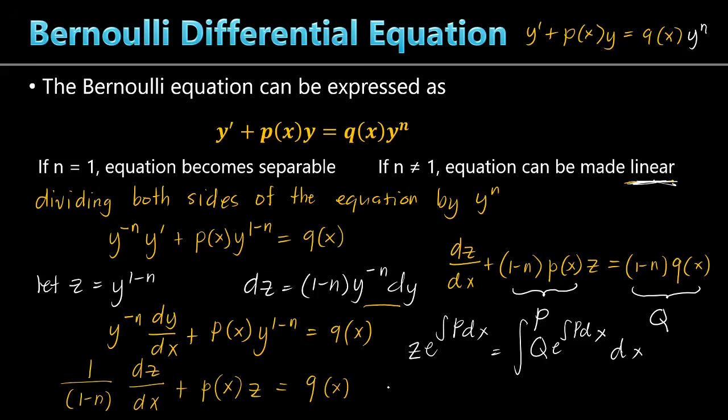And we should note that the capital letter P here is 1 minus n times the original P of x, and capital letter Q is equal to 1 minus n times the original Q of x.